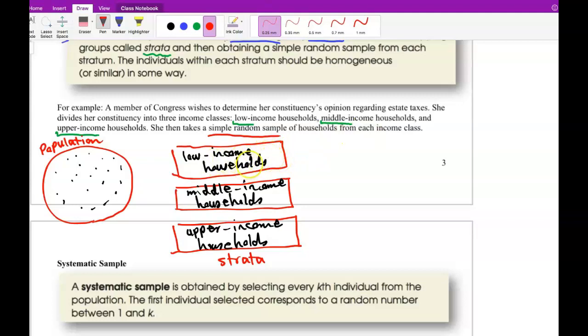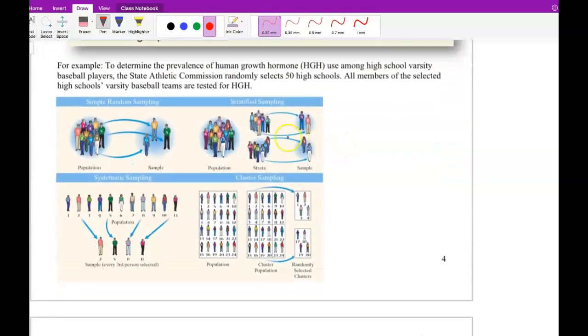I'm not sure how many I have here. If in case we had 10 individuals, that means that usually we're going to have the same number of individuals in each group. So maybe 10, 10, 10. Then from each one, I'm going to choose a sample, and the same number of individuals from each stratum.